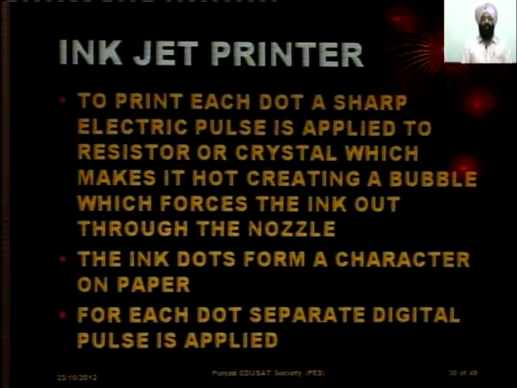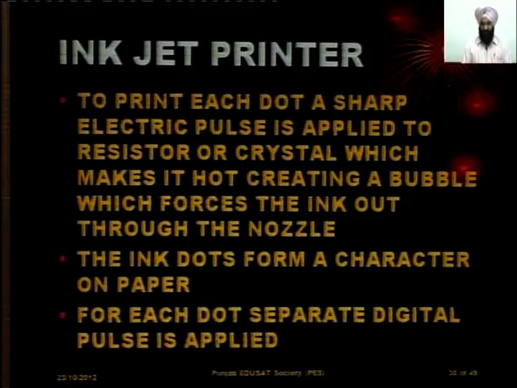In case of inkjet printer, to print each dot, a sharp electric pulse is applied to the resistor or crystal, which makes it hot, creating a bubble which forces the ink out through the nozzle. The ink dots form a character on paper.